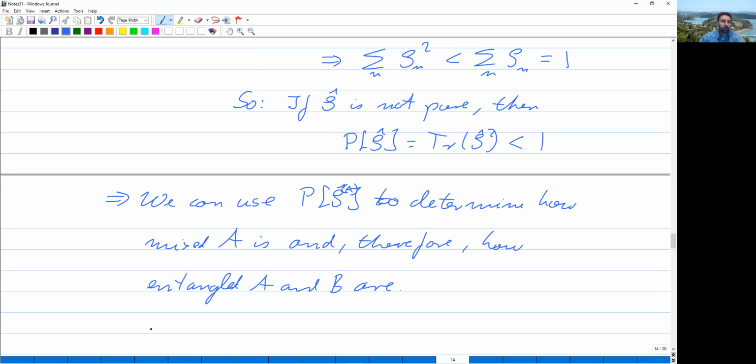Now, could we have chosen to use the purity of the density matrix of rho B? Yes, we could. It would have gotten us the same value.